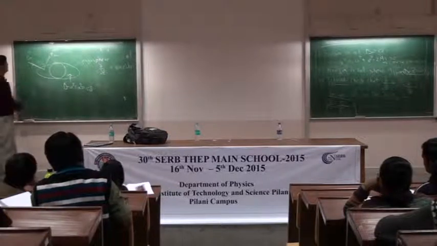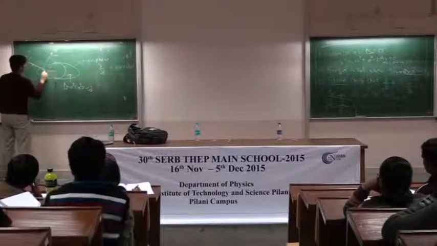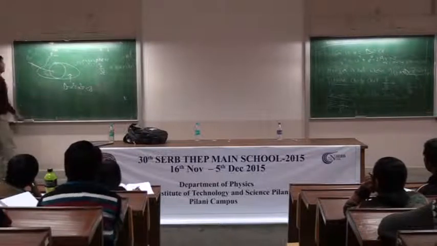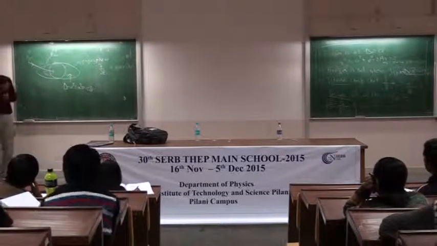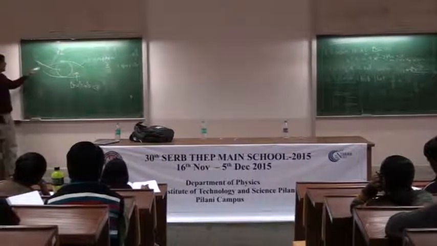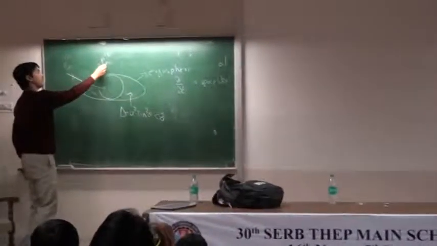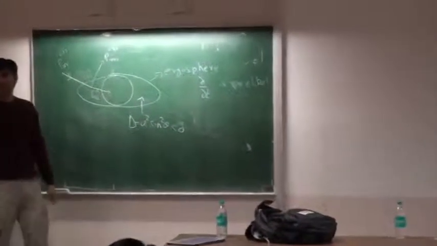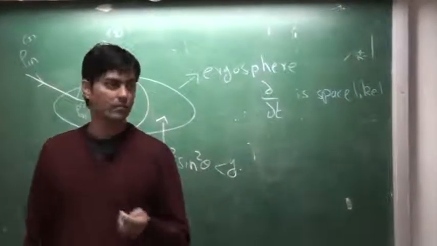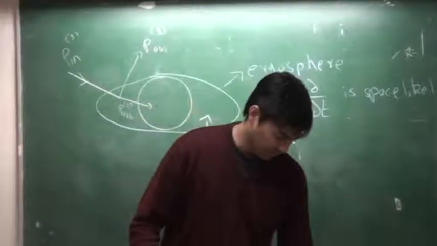So a particle comes in and breaks into two, P out 1 and P out 2. So you have a particle that comes into the ergosphere and splits into two parts. One part falls into the black hole, the other part goes out. I'm now going to show you that in a process of this kind, you can actually end up in a situation where the energy that you have here is larger than the energy you have here. How many of you have seen a description of the Penrose process? Oh, very few. Okay, then I'll go through it slowly.